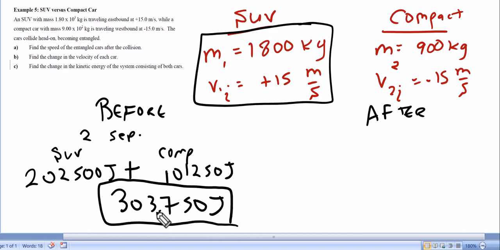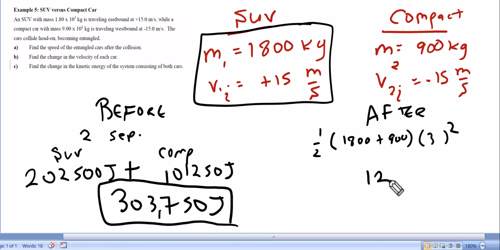Now let's look at the after. So they collide, they stick together, we've lost some energy, and so what we have here, again using the 1/2 mv squared, is a giant mass. So you have the 1/2, it's the two masses combined, and the final velocity is 3. And if you put that in a calculator, you get 12,150 joules.